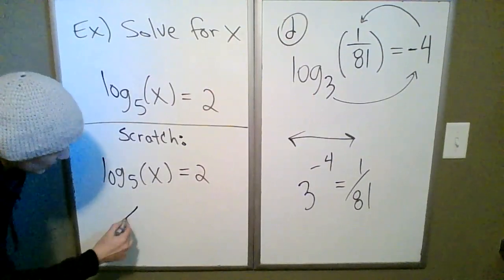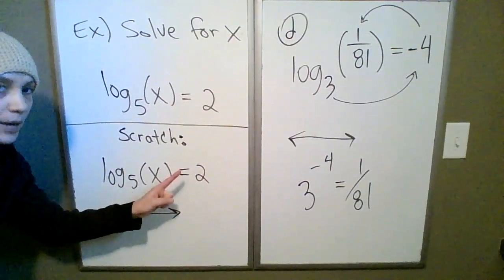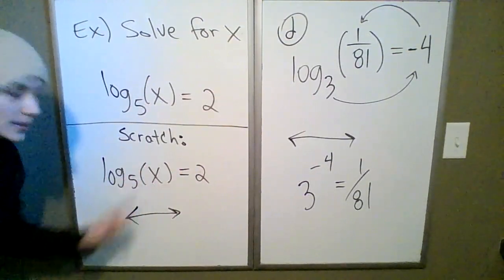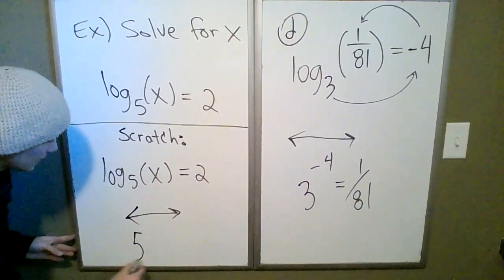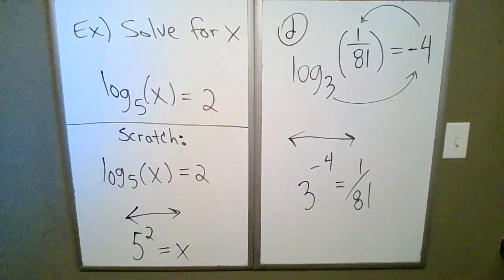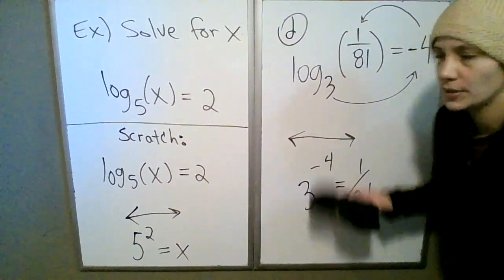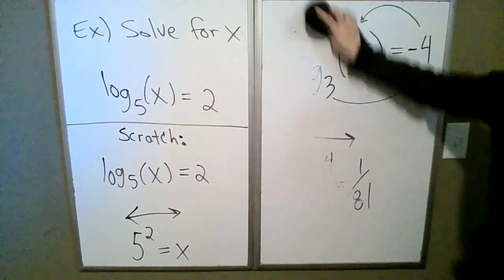I'm going to stick with the double-sided arrow. Take 5, raise it to a power 2, set it equal to x. Okay. And then 5 squared is 25, so x is equal to 25.